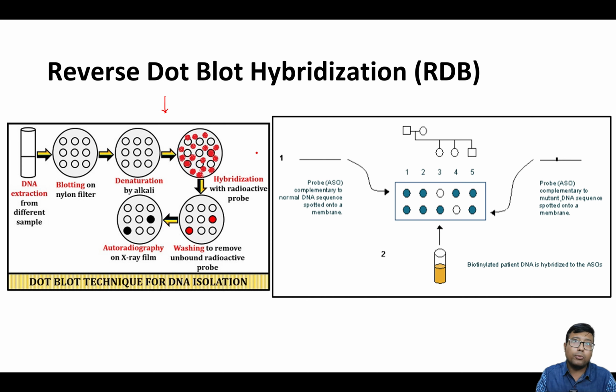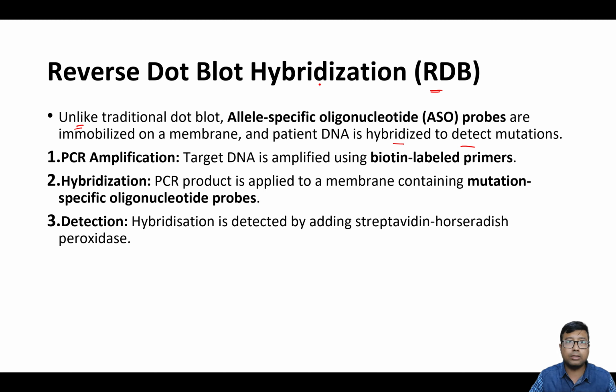Those probes will then hybridize to the DNA of interest. Those probes may be labeled probes. Here, see biotin labeled primers, and then the target DNA will be amplified with primers, and the probes will be labeled, and then it can be detected by a signal.